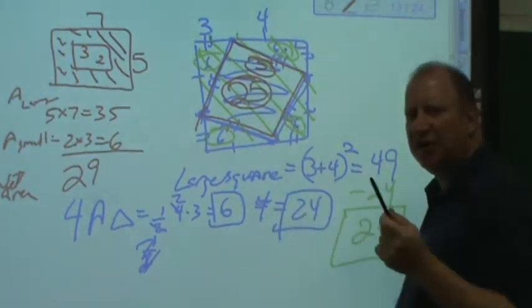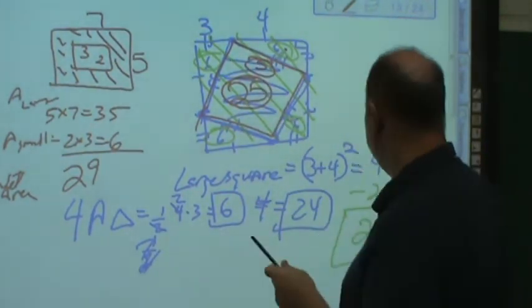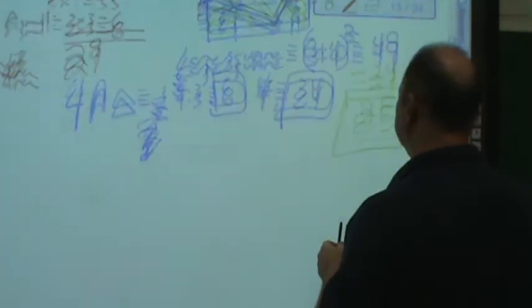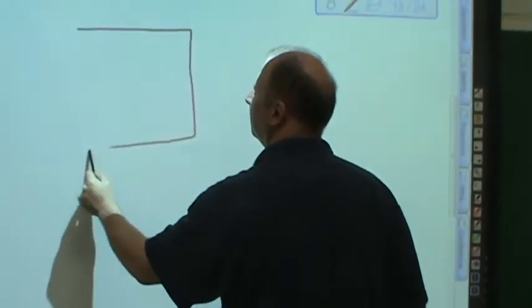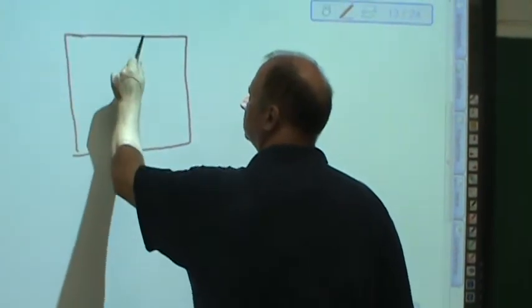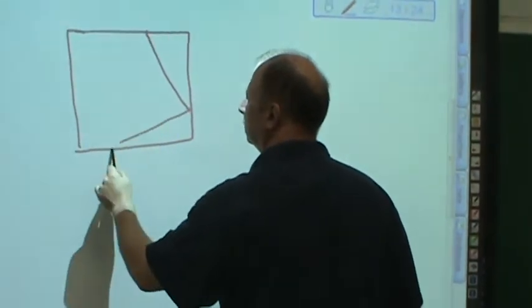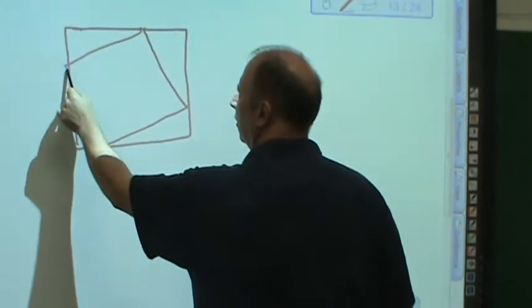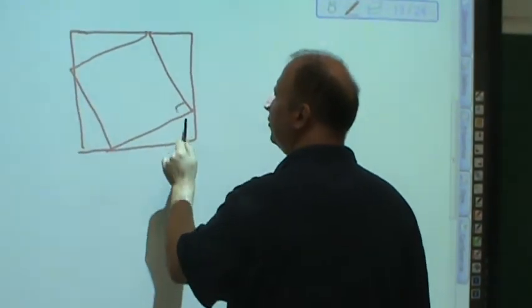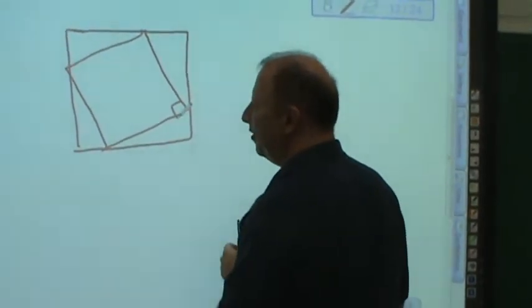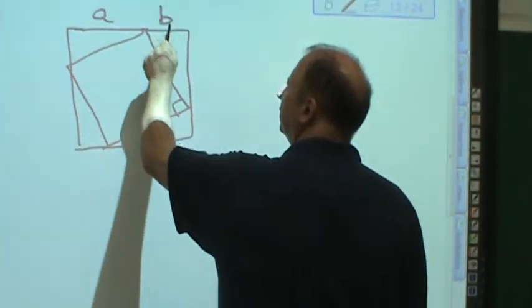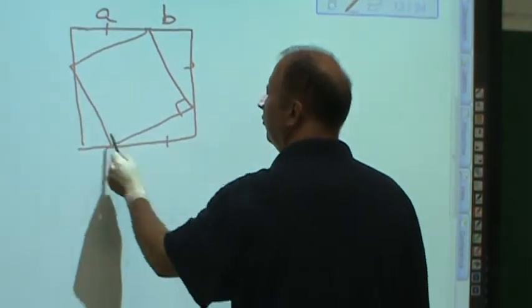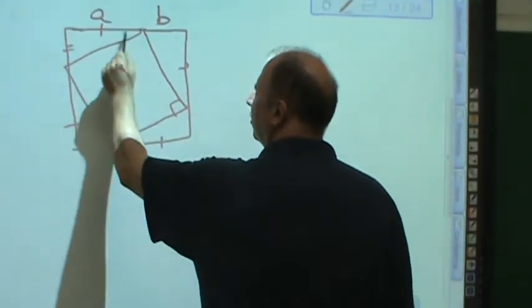Now let's look at it again, but this time I'm going to use letters. And if my diagram is off, I do apologize. This is what happens when you do freehand. Let's call this A and B. And these are all congruent, and these are all congruent.